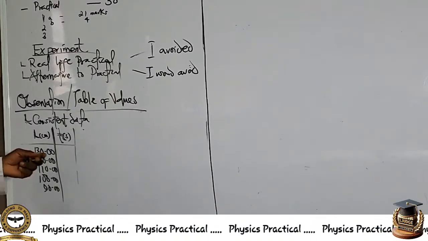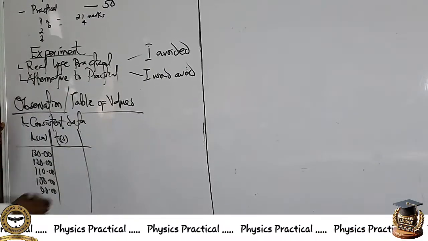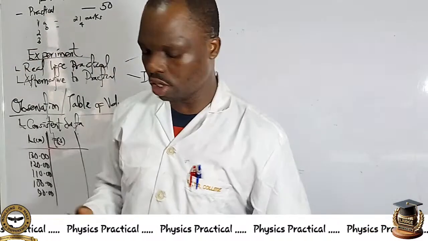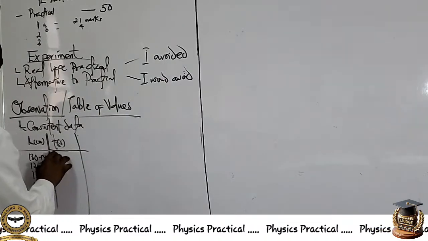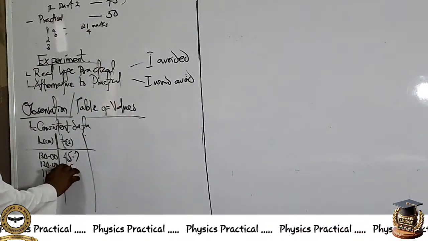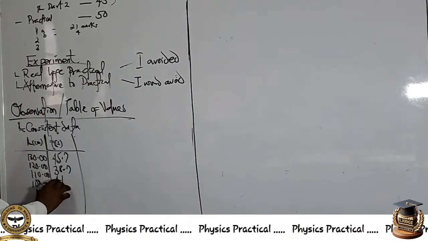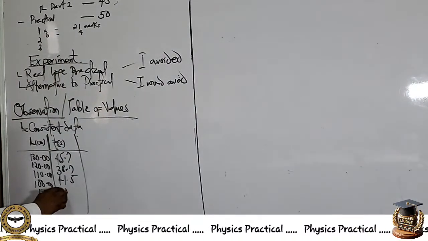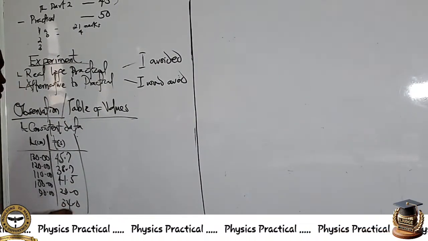Now for the time, let's look at the first one at 45.7. Let's say 38.7, then we are also at 41.5, we are also at 29.0 and 34.0.